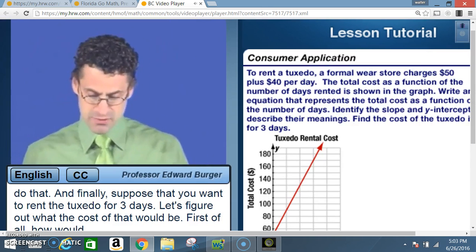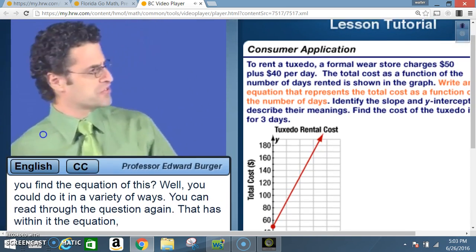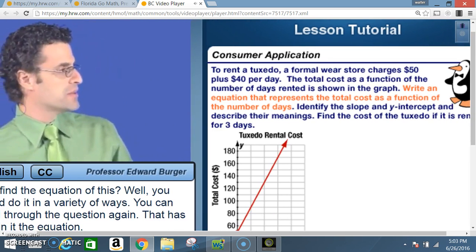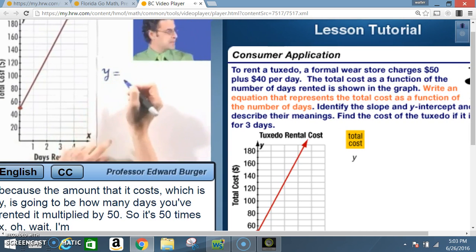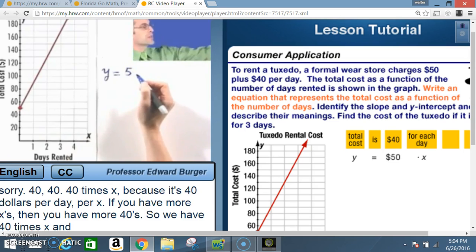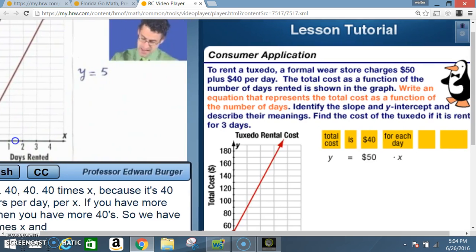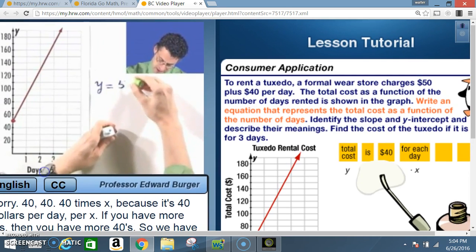All right, so first of all, how would you find the equation of this? Well, you can do it in a variety of ways. You can read through the question again, and that actually has within it the equation. Because the amount that it costs, which is y, is going to be how many days you've rented it multiplied by, oh, I'm sorry, 40 times x, because it's $40 per day, per x.